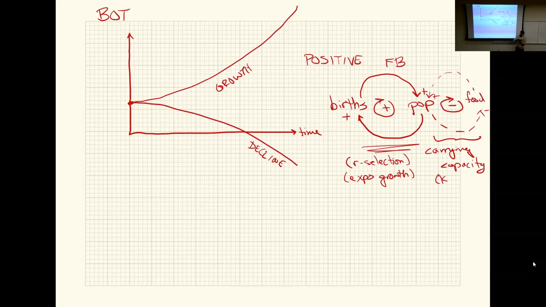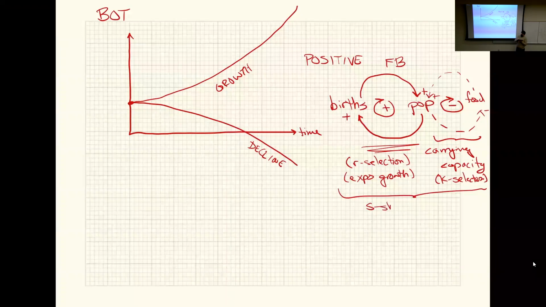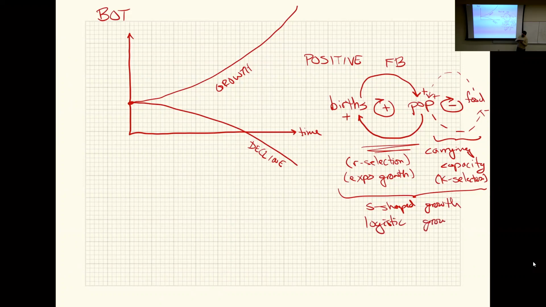So this is like K selection. And so together, these things are what we refer to as S-shaped growth or logistic growth. So this portion here is like the exponential. Okay.